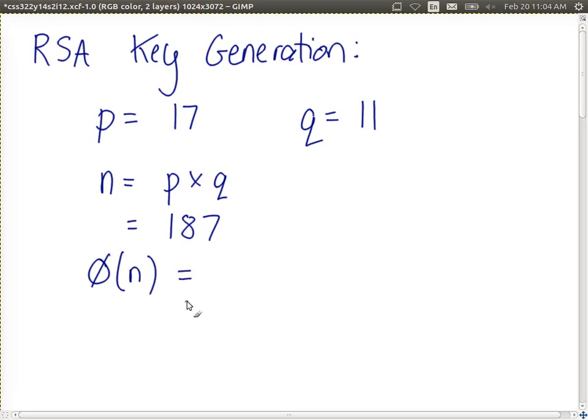How do we calculate the totient of n? Yeah, we can do it the long way. Look at all the numbers up until 187, check if they're relatively prime with 187. Or we can do it the fast way by recognizing, in this case, the totient of n is the totient of two primes multiplied together, and they meet that condition that they are relatively prime, so it becomes the totient of p times the totient of q.